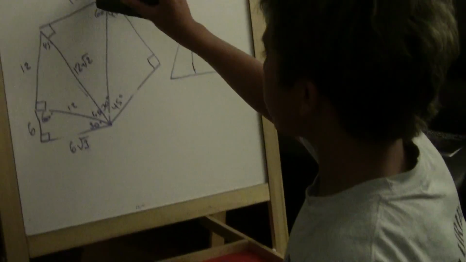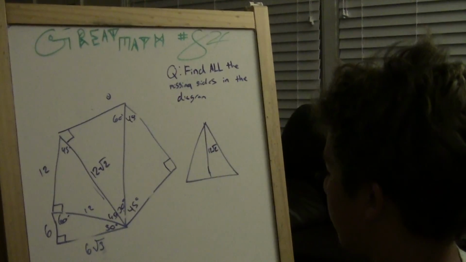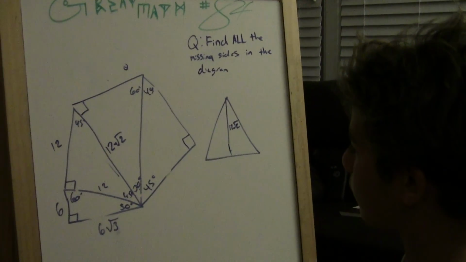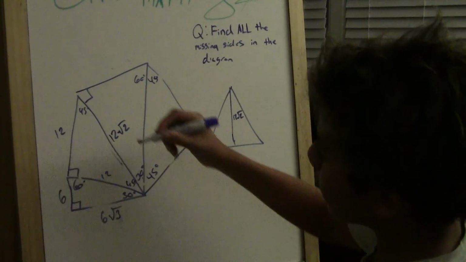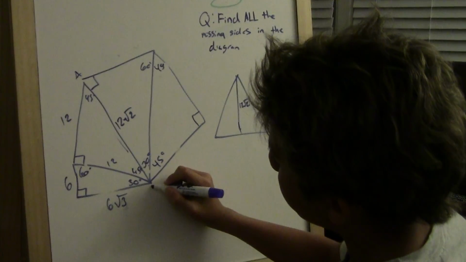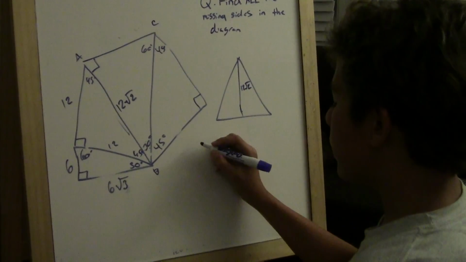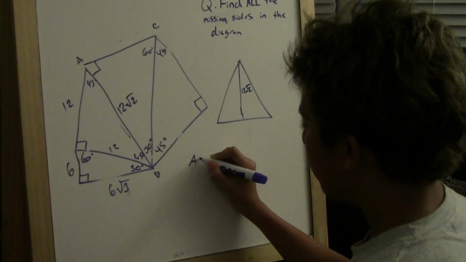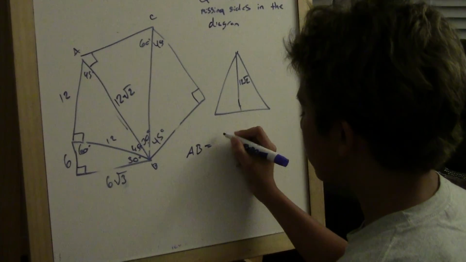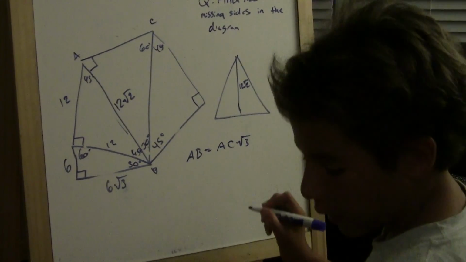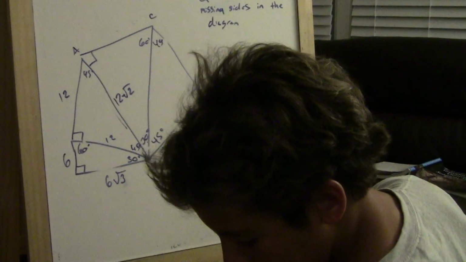That's not quite right. So we know that, let's pretend this is AB, okay? This length, and then that's C. So we know that AB is equal to AC times the square root of 3. So then we have our little equation here.